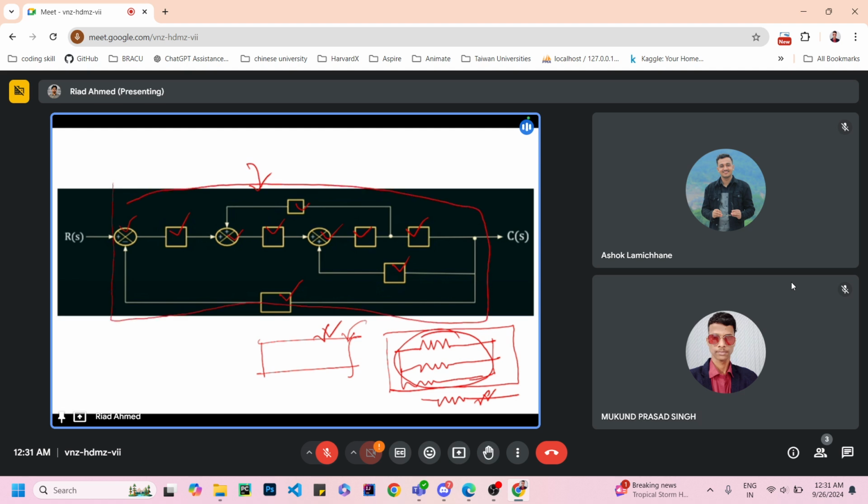So in the next class, we will learn how to calculate the single block out of the given diagram. The diagram has lots of blocks in it, and we can reduce all of those blocks to a single block. In the next class, we will go deeper.